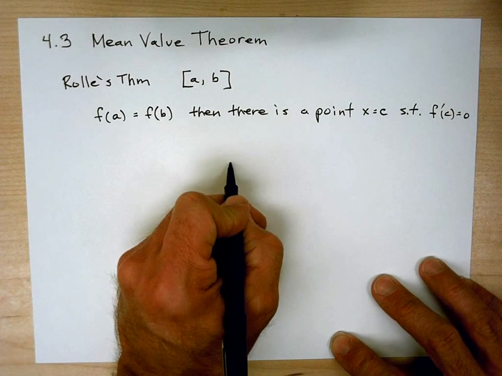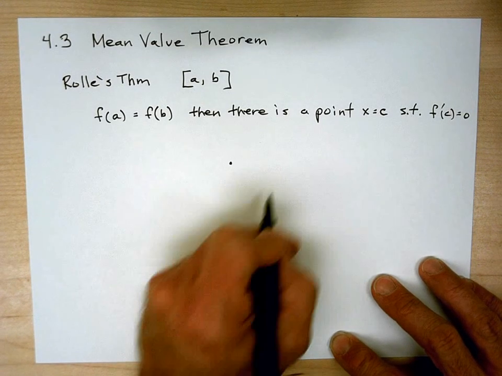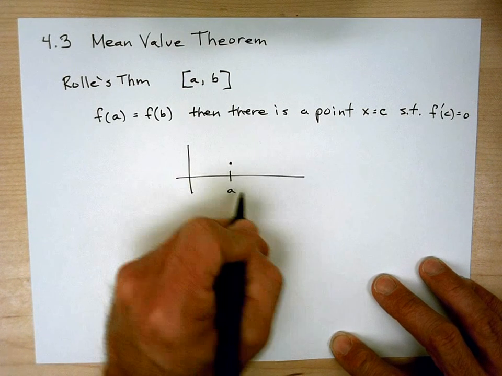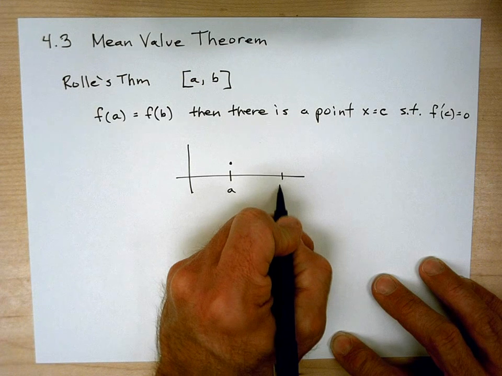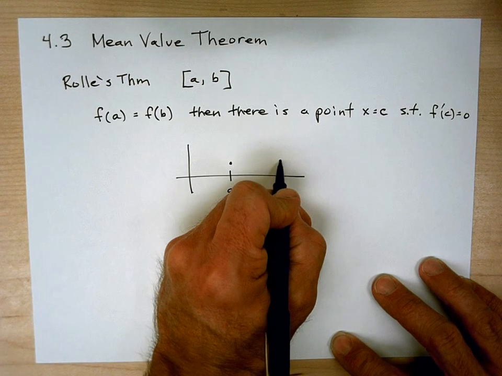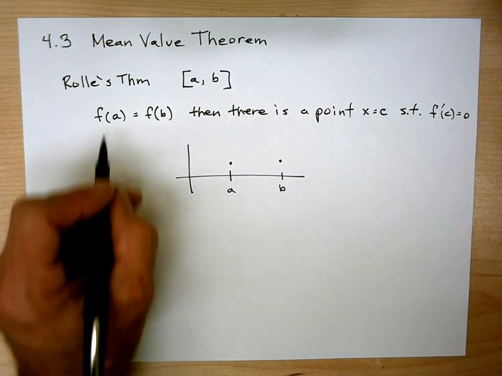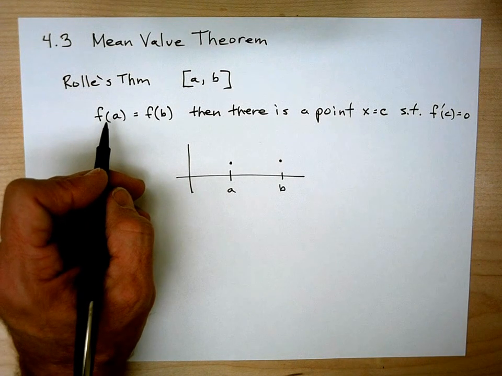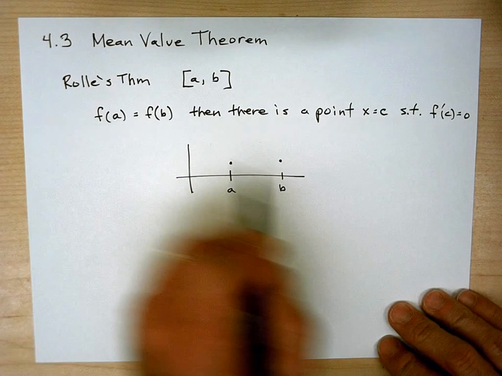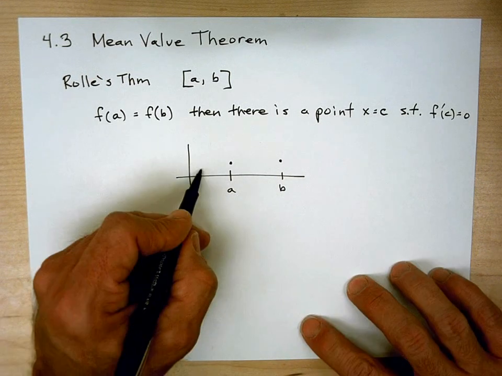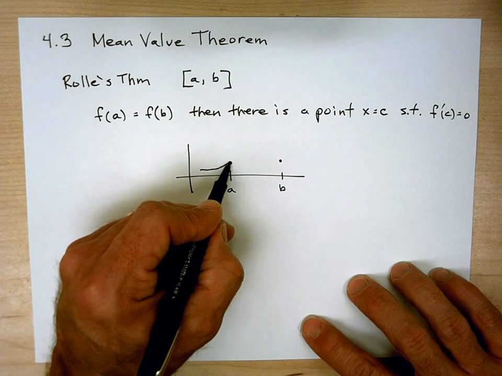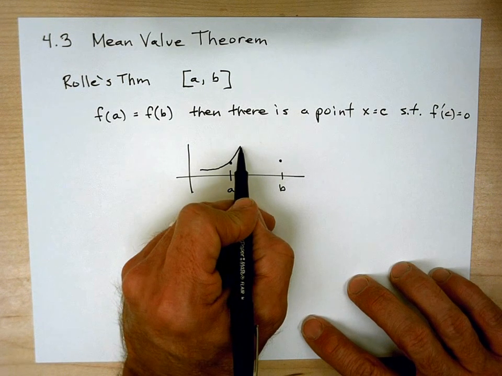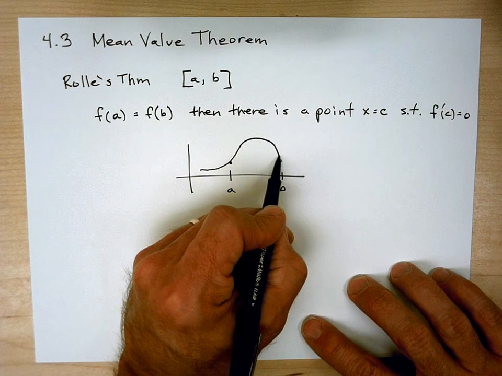So if I have some point, let's say we're on the x-axis here, here is A, here is B, so they have the same value. Now recall, the main condition is that f needs to be differentiable. What we have is something like it goes up, and in order for me to come back down to B, this thing is going to have to turn around somewhere.